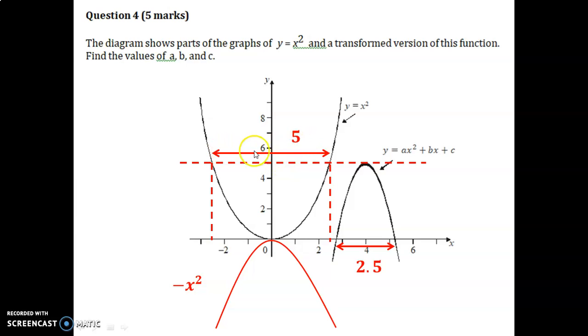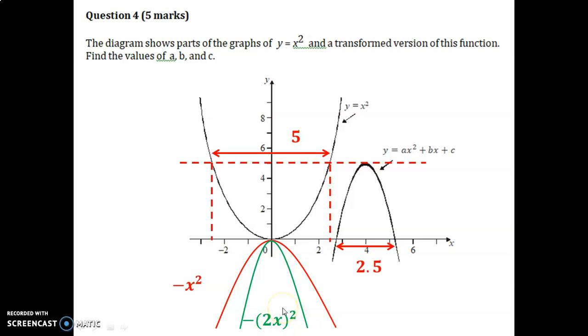So that was a 5 unit difference. So it became compressed, half of its width. Therefore, to be half of its width, I have to do 2x. Because remember, when it's half its width, I actually do 2 times x.